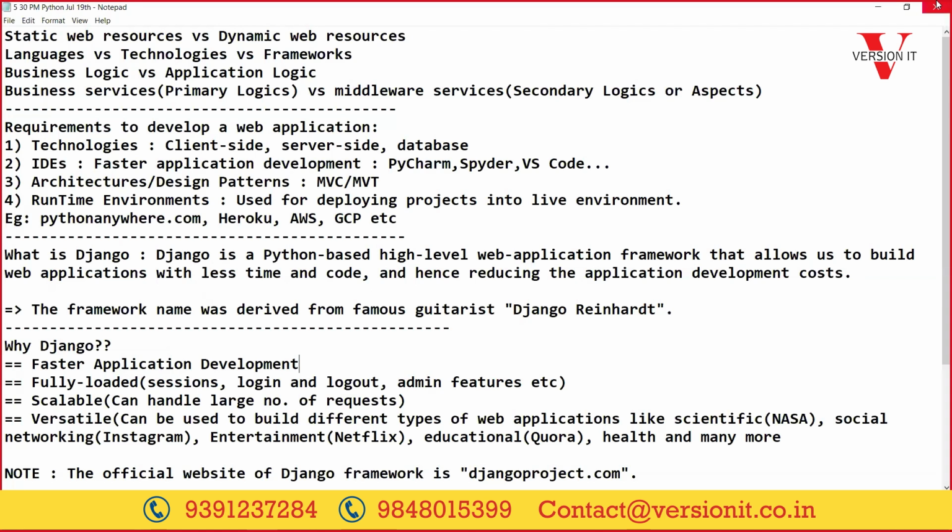Mainly when we take web-related, client-server applications, two types of patterns are used. One is MVC, second one is MVT. Almost every programming language or every framework will use the MVC design pattern, model view controller.